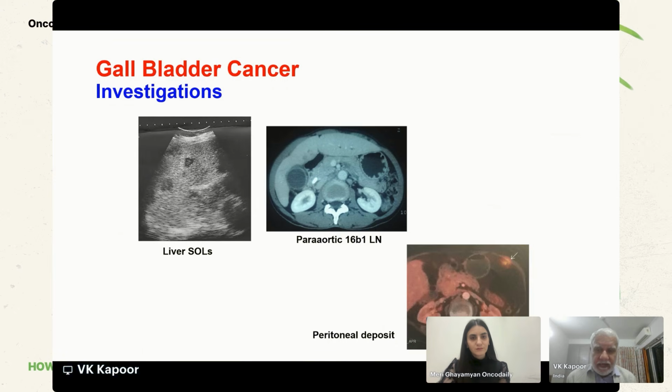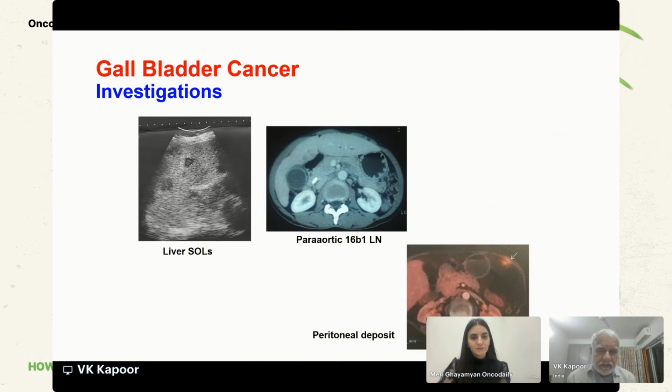If ultrasound does not show metastasis, only suspicion of gallbladder cancer, then the next investigation is a contrast-enhanced, preferably triple-phase CT scan. There again, we should look for distant metastasis such as enlarged aortocaval or left para-aortic nodes, which are distant nodes. They indicate distant spread of the disease and a poor outcome.